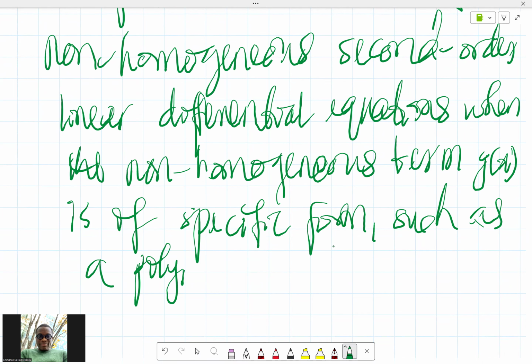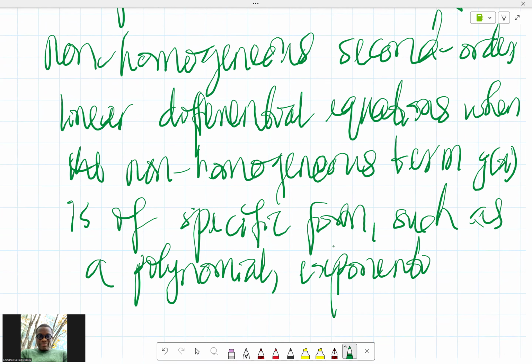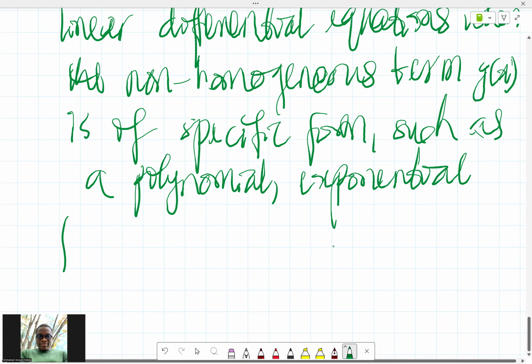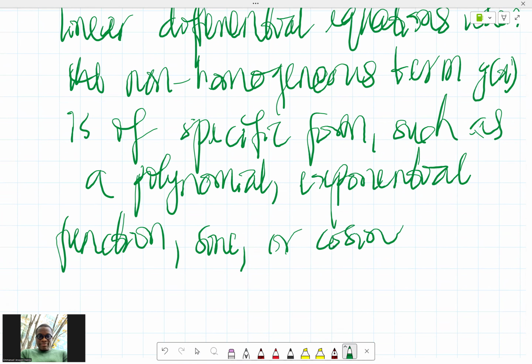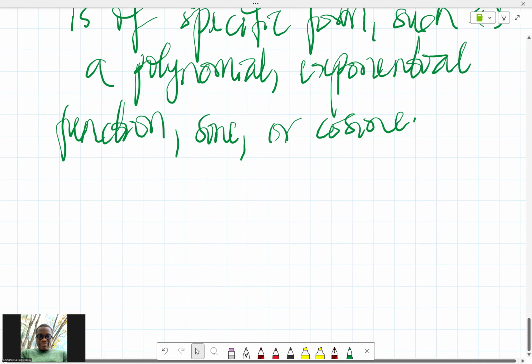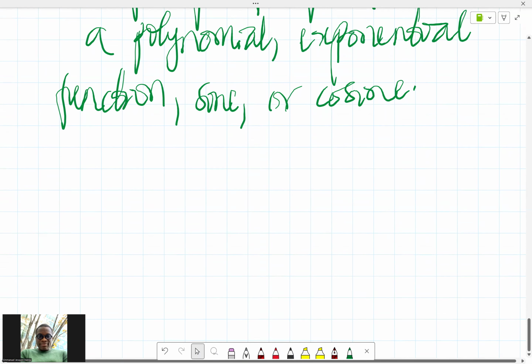It could be an exponential function. It could be sine or cosine. In this video I will show all these three possibilities.